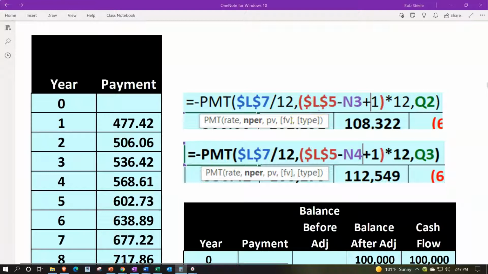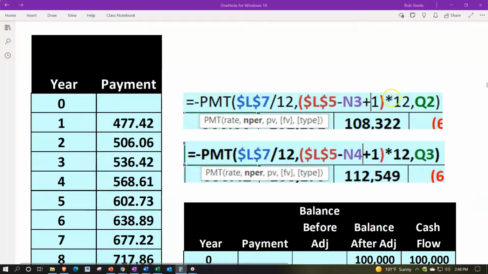It's absolute because we don't want it to change. Then we're minus 3, which represents this 1 plus 1. So we have that same kind of scenario where we're taking 30 minus 1 plus 1. Why? Because it still represents 30, but when I copy it down, then it'll be 30 minus 2 plus 1, or 29. So for formatting purposes, for ease of copying down, that's why it's structured that way.